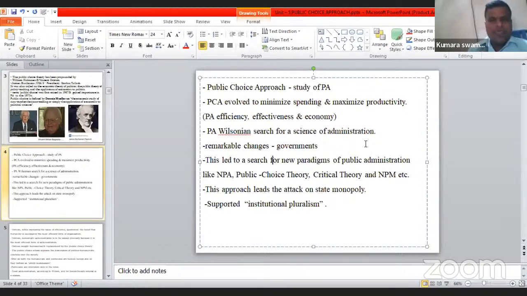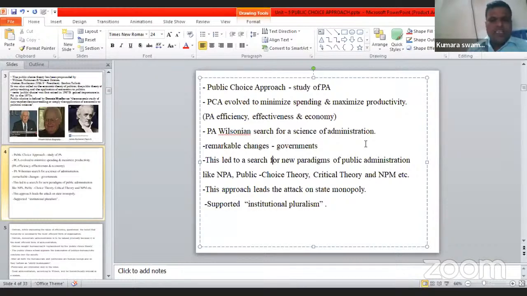Due to that, they proposed public choice theory in administration. They said civil servants act in their private best interest and hijack the functioning of government. Due to that, they require institutional pluralism in the administration process.